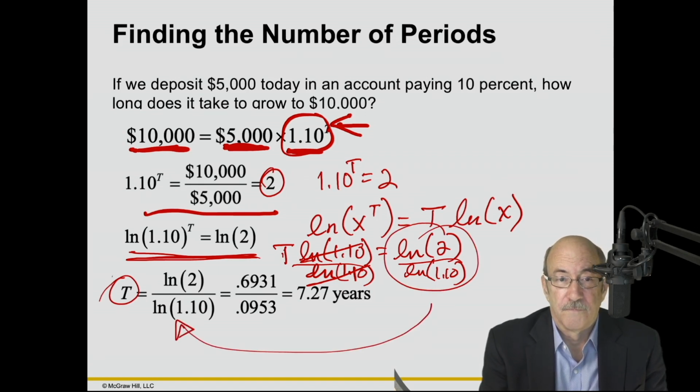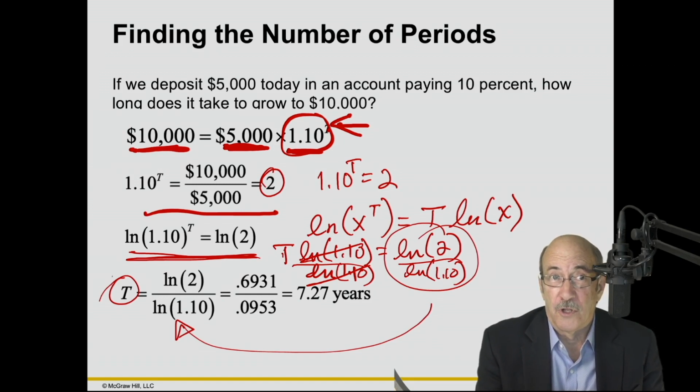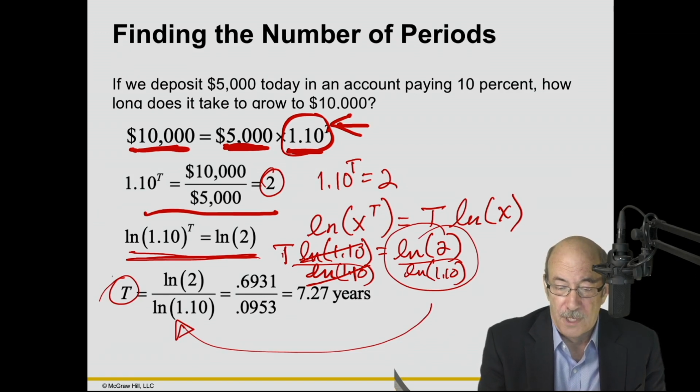Now, plug 2 into your calculator and hit the ln key for natural log, and you'll get 0.6931. Plug in 1.1, hit the ln key, and you'll get 0.0953. 0.69 divided by 0.095 is equal to 7.27 years. And there you have your number of periods to get from $5,000 to $10,000.